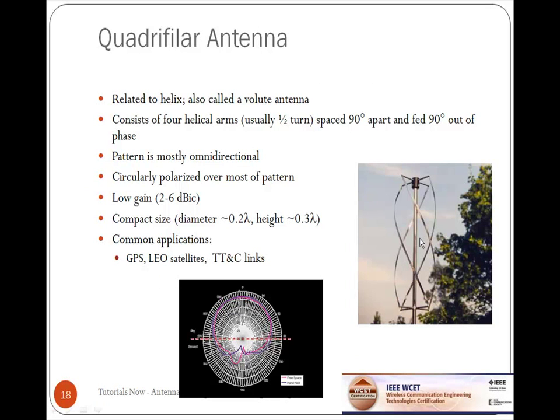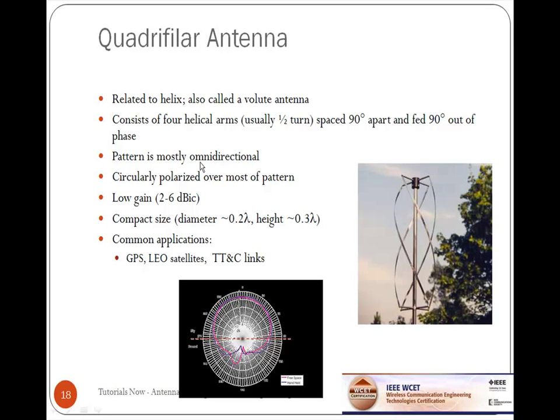The quadrifilar antenna shown here is related to the helix antenna. It is also called a volute antenna, and it consists of 4 helical arms, usually about 1/2 a turn, spaced 90 degrees apart and fed 90 degrees out of phase.